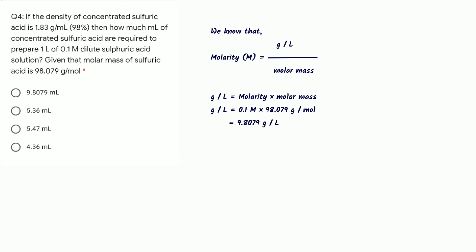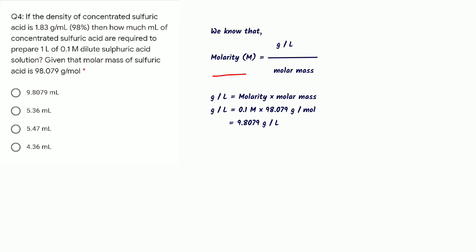So now what do we have to find? We have to find out how much concentrated sulfuric acid is required to prepare 1 liter of 0.1 molar solution. Here we have to use the expression of molarity. Molarity is defined as what?